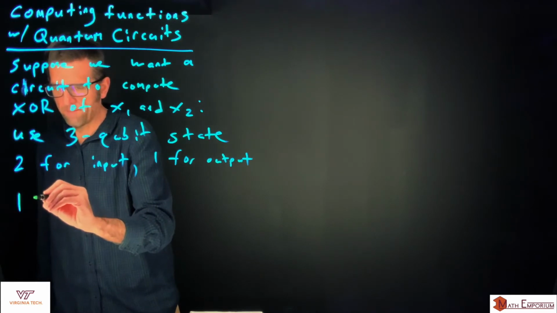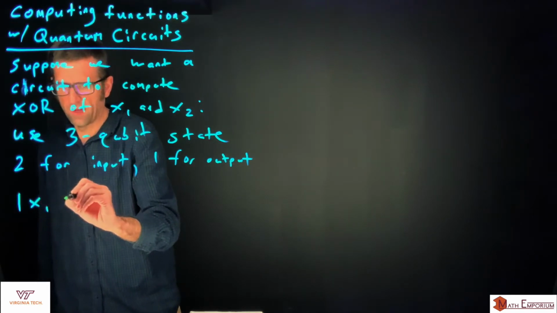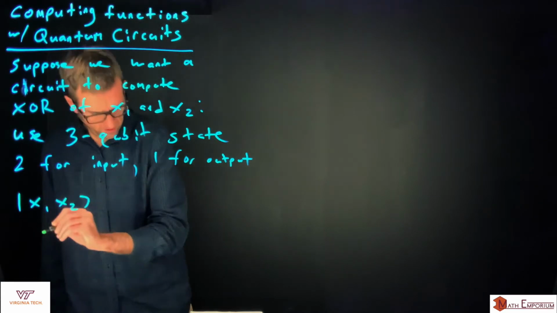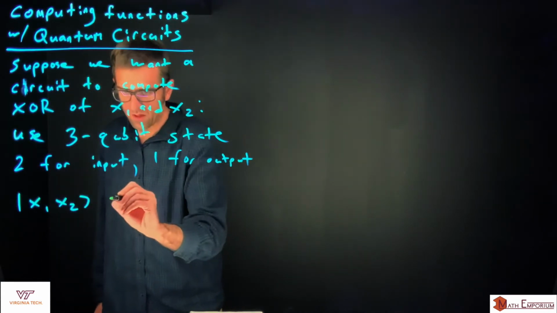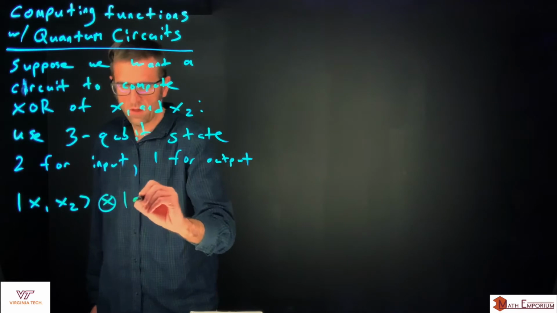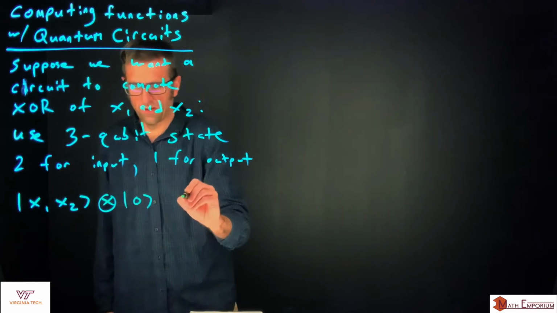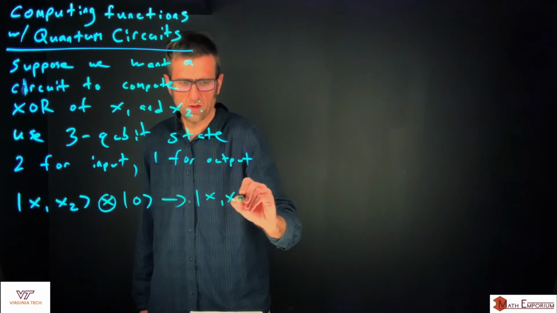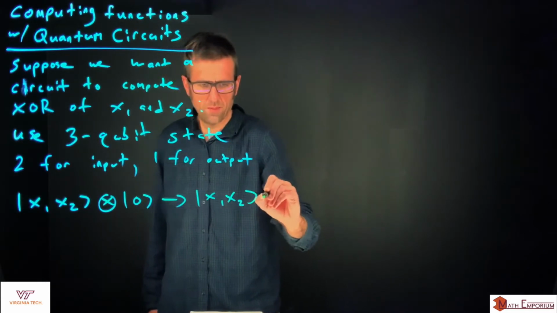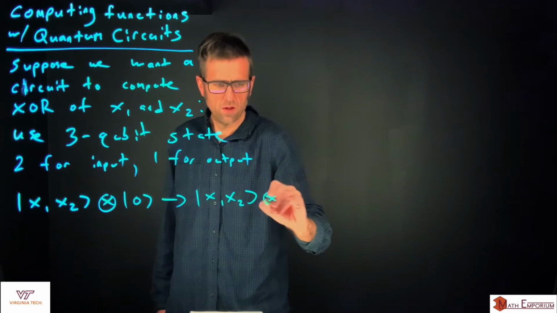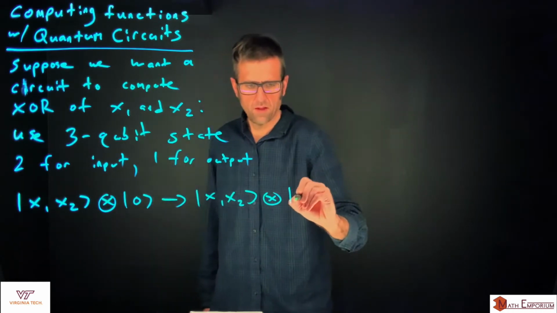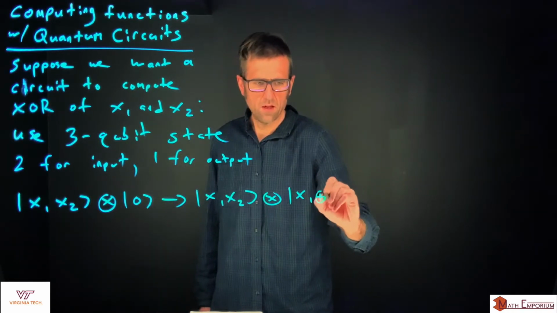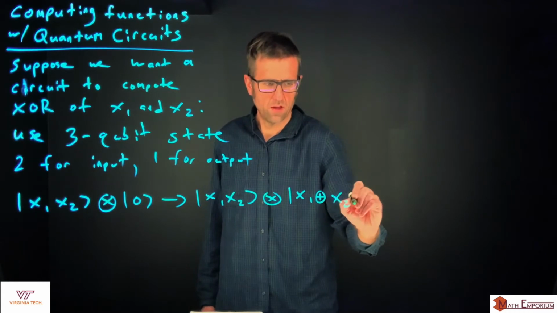So I have x1, x2 tensor with 0, and then the result should be x1, x2, tensor with x1 XOR x2.